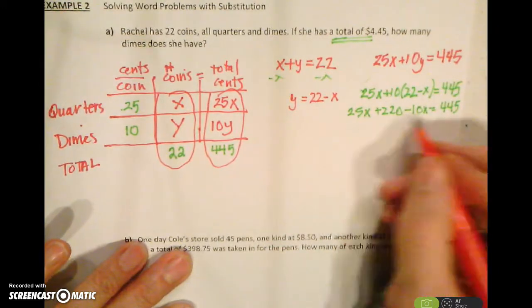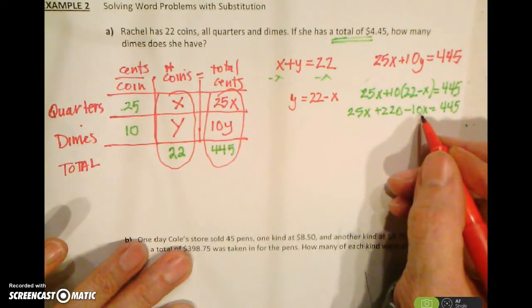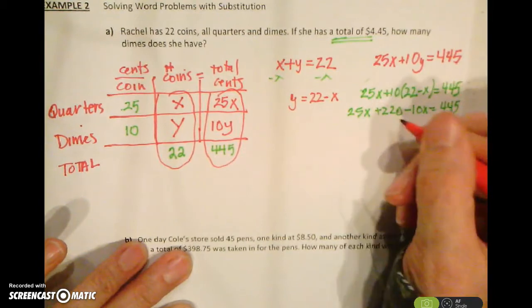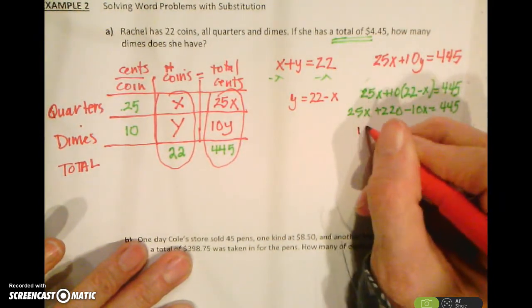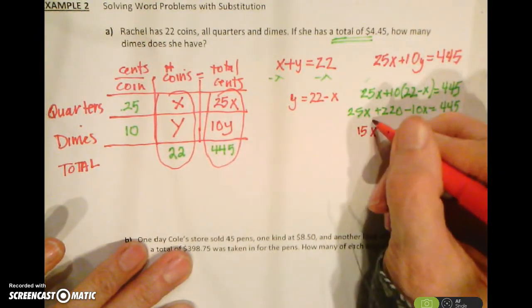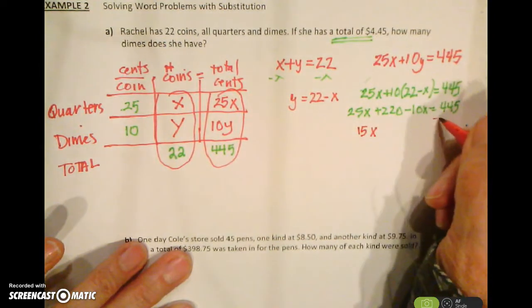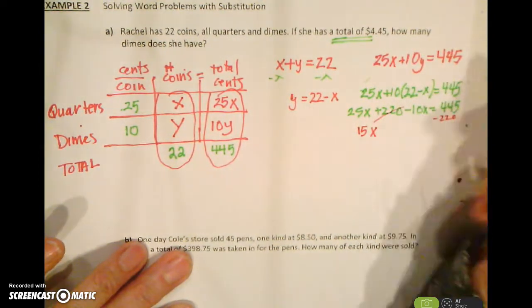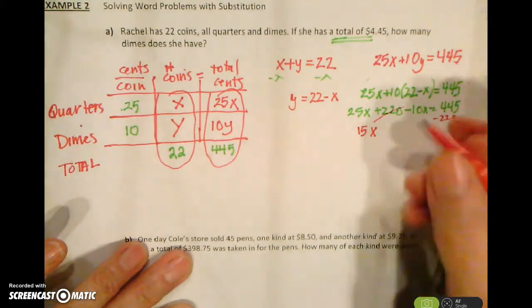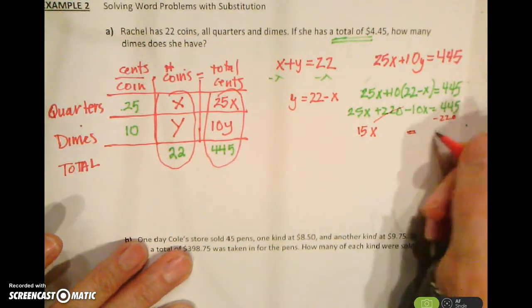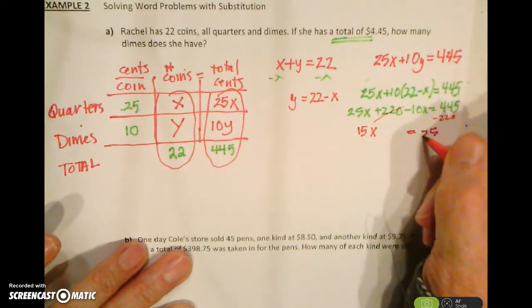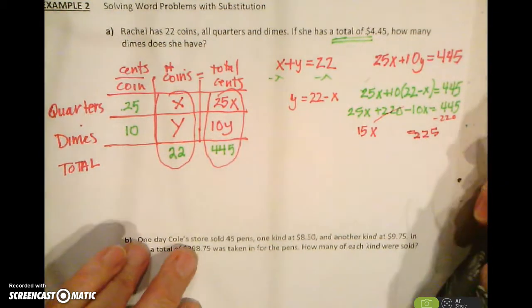All right, so I'm going to combine my X's. That's going to give me 15X. And then I'm going to subtract this 220 from both sides. And that's going to give me over here on the right, 225.